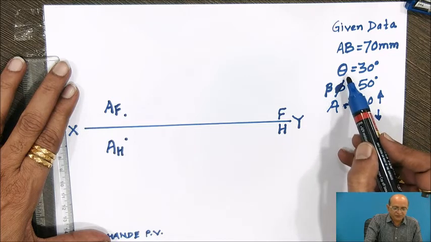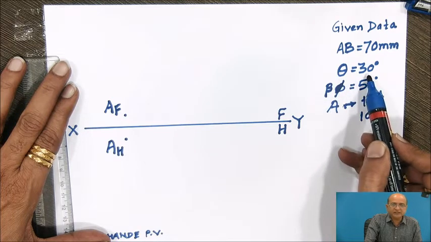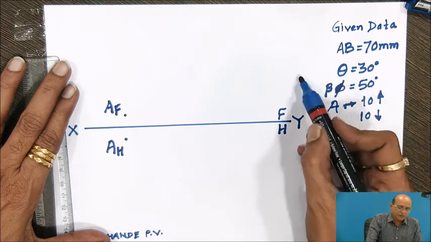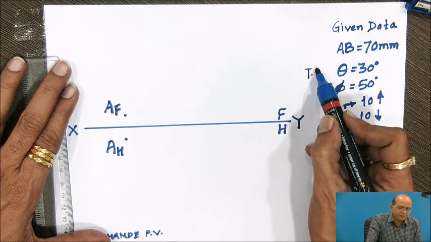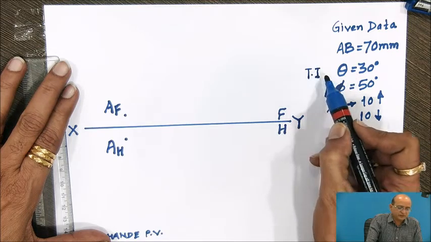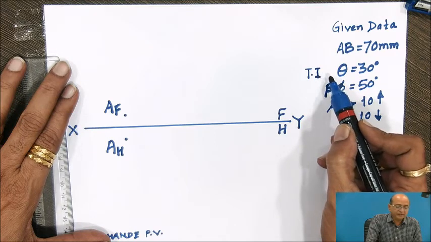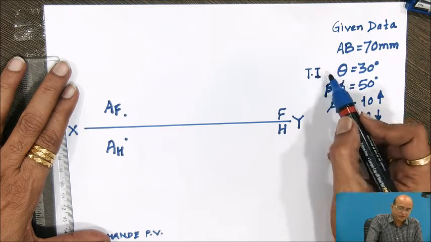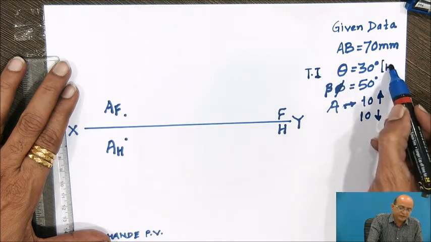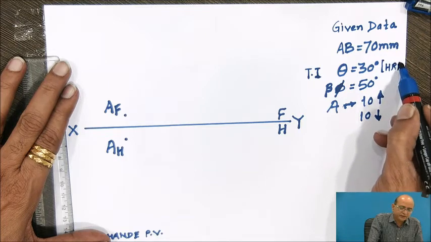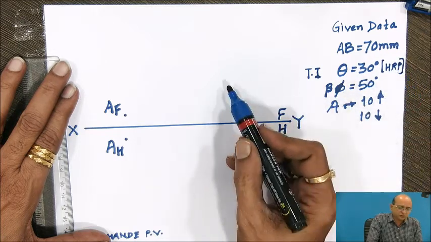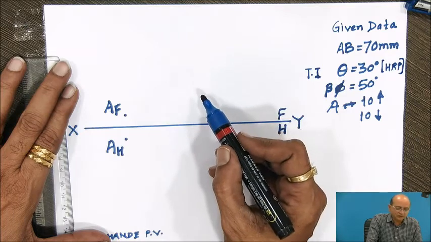Now as per the given data, theta is given as 30 degrees, which is the true angle made by the line with HRP. It is the angle made by the line with HRP, the true angle, which we will get on the top side.